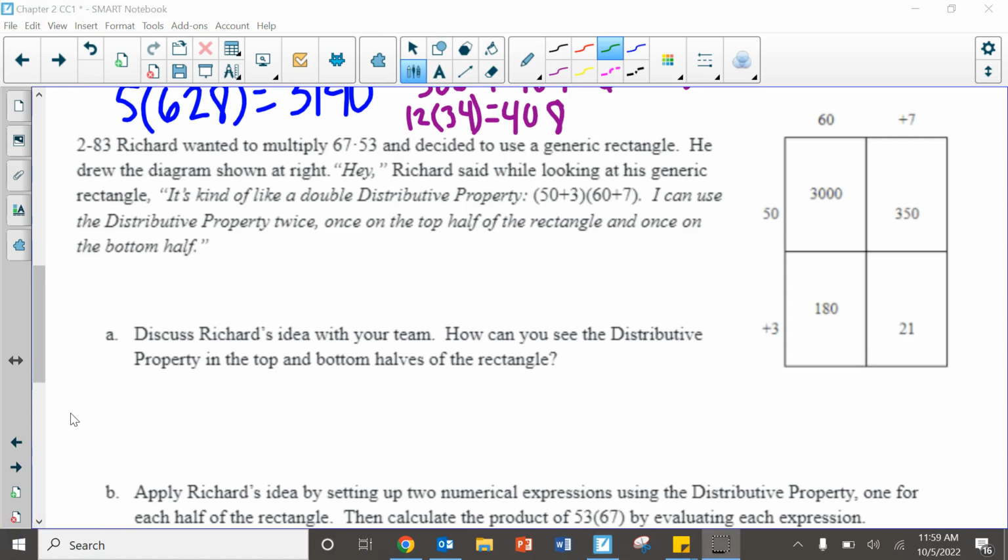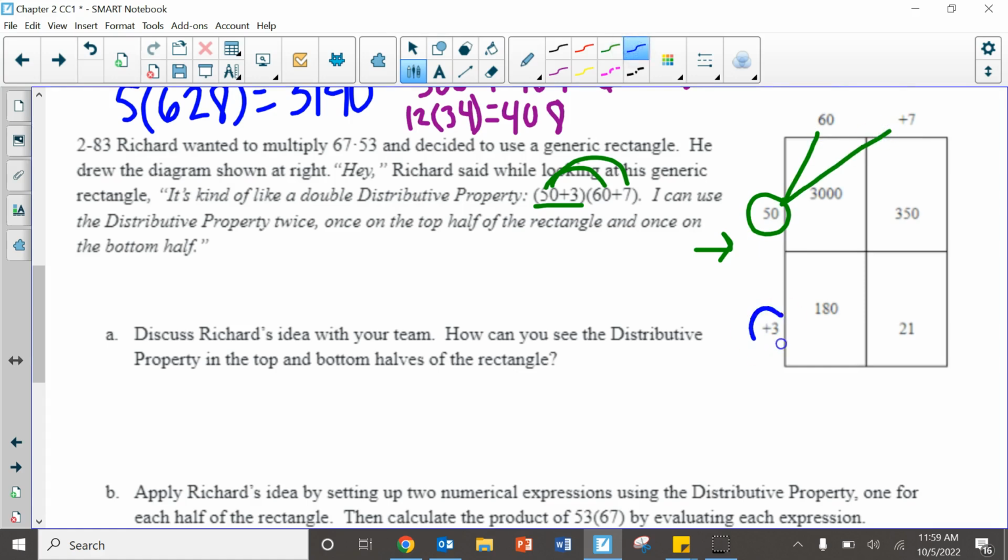So when we split up this 50 and this 3, that's how we labeled this side length. And when we distribute, remember we're going to take each number and distribute it to both parts in the next set of parentheses. It's what we're doing here. We took the 50 and we're going to multiply it by the 60 and the 7.